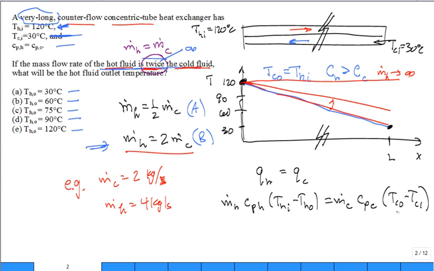That equation look good? Then we cancel these. We replace this m dot of the hot by being 2 times the m dot of the cold. So I'm going to put 2 m dot of the cold. The temperature hot in is known, minus the temperature hot out equal to the mass flow rate of the cold.